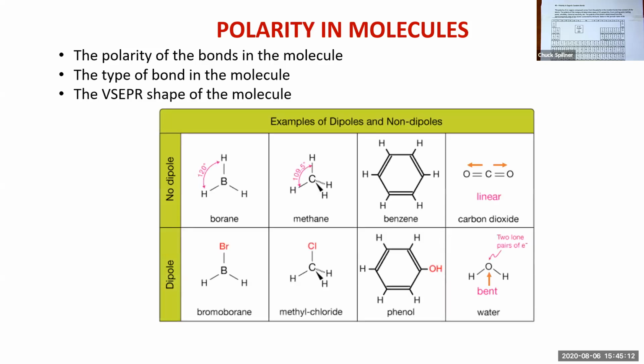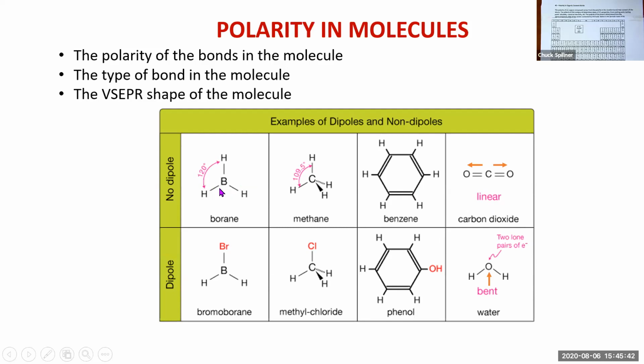So here's some examples of dipoles and non-dipoles in molecules. If you look at borane on the left, let's look at this top row. These are non-dipole molecules, molecules that don't have a dipole. The B-H bond is actually a weakly polar bond.